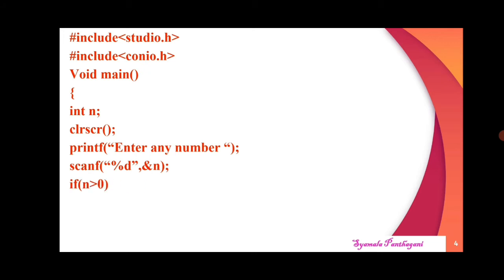If n is greater than 0, printf "The given number is positive". getch and closed bracket. I think that is not visible in this video. You have to close the bracket after getch.